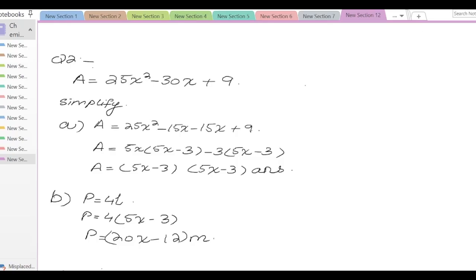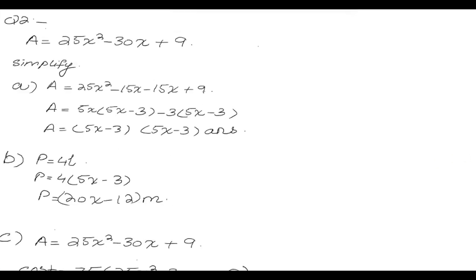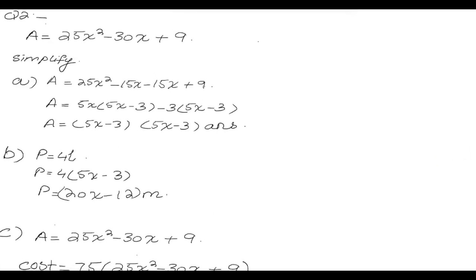And since all sides of the square are equal, the dimensions have to be equal, their factors will be equal. So for 25x square minus 30x plus 9, we will multiply the coefficient with 9 and find the factors for negative 30, which is negative 15x and negative 15x. So we will take the common value from here, which is 5x.